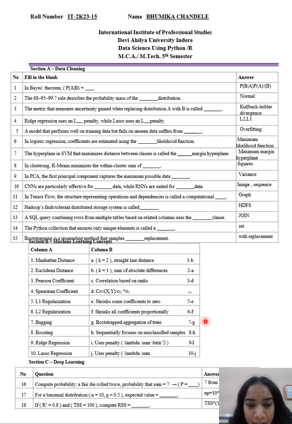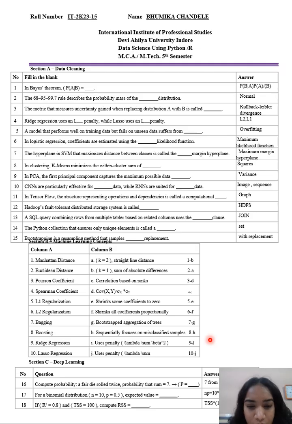Then seventh is bagging. The answer is G, bootstrap aggregation of trees. Eighth question, boosting. The answer is H, it sequentially focuses on misclassified samples. Ninth is ridge regression.